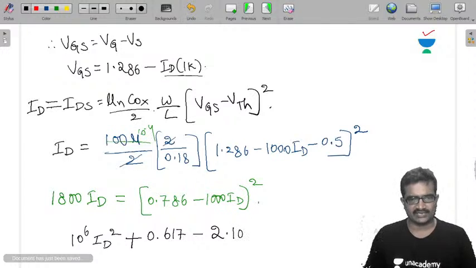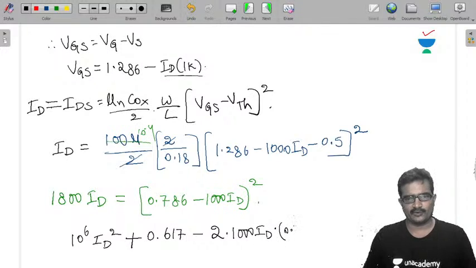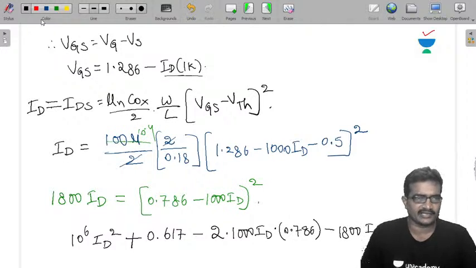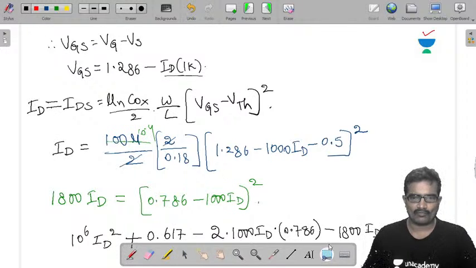So it is 2 times 1000 ID into 0.786, minus 1800 ID equal to 0. Now this is our equation.